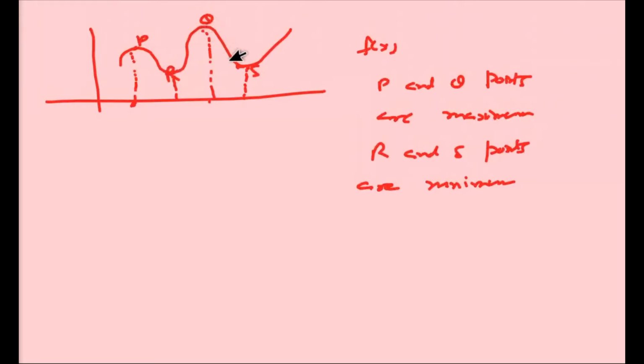So these are maximum points. For these 2 points you can see here is a decreasing function, again an increasing function. So these are minimum points. What are increasing and decreasing functions? In the previous video, monotonicity means increasing or decreasing; you have already learned.